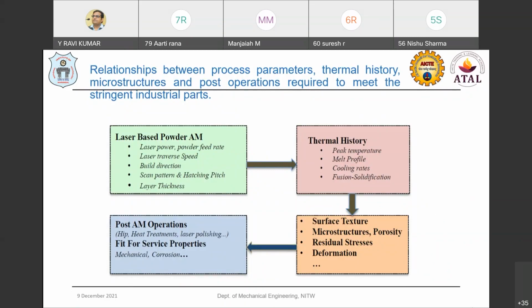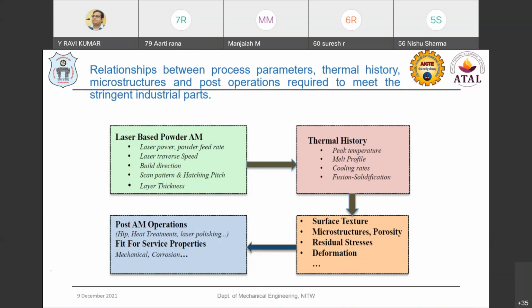The laser-based powder additive manufacturing system consists of n number of process parameters, and the thermal history is the peak temperature, melt profile, the cooling rate, and the fusion solidification, as well as the surface texture, the microstructure, the porosity, the residual stresses, the deformation. All of these exist in the fabricated component, and then we need to have the post processing.